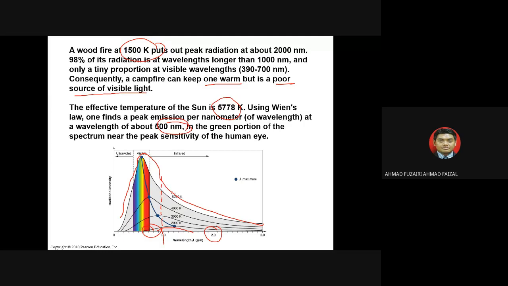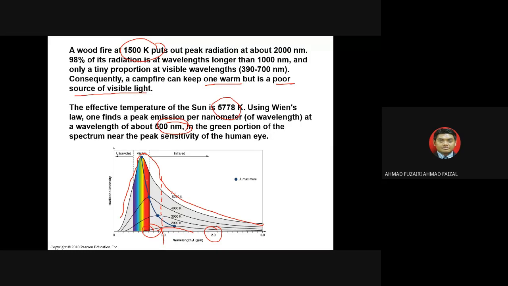You can see that maybe around 40% of the peak is at the visible range, compared to 1,500. The temperature of the sun is around 5,000 Kelvin, and we know that it's above 5,000 Kelvin.